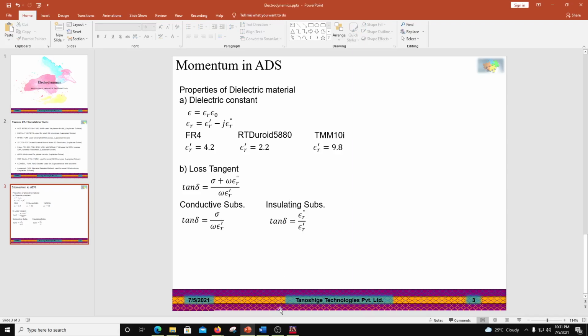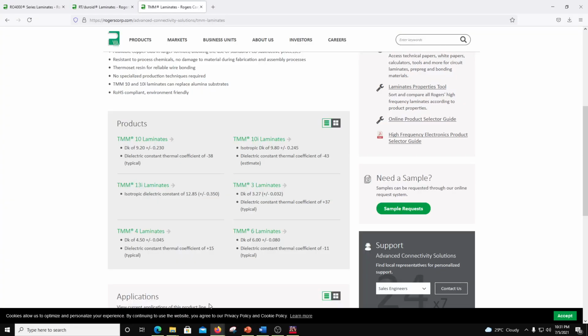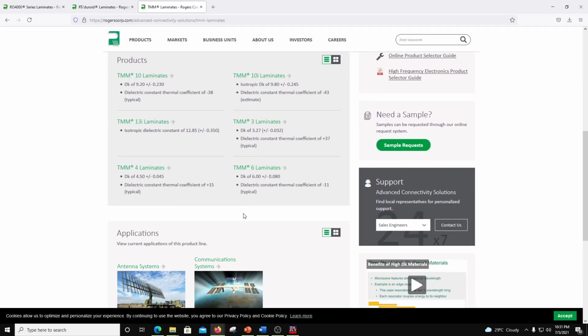Okay, so now some typical numbers you can see again here from the website. Where is it? Okay, you see the loss tangent in case of here dielectric constant. What about loss tangent?